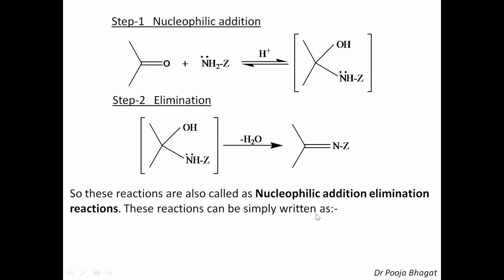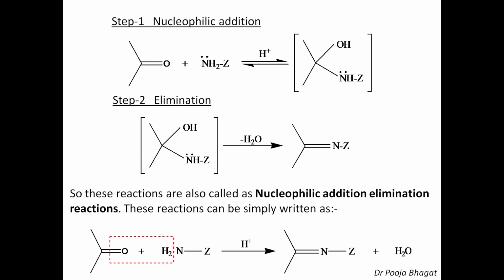And how can I write down the simplified form of this reaction? As you can see here, the carbonyl compound and ammonia derivative in the presence of acid give this product. So I can write it like this: C double bond O, the carbonyl group. This is the ammonia derivative. Two hydrogens from the nitrogen and this oxygen go out as a water molecule.